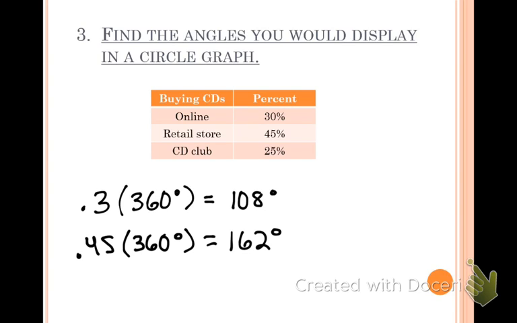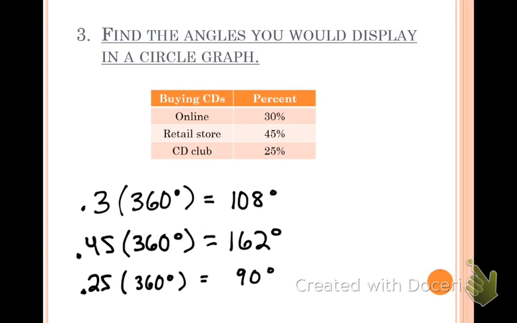Always make sure you add those degrees. Next up, Alex. How do I do it? 0.25 times 360 degrees. It equals 90 what? Degrees. Always make sure you have those degrees there.